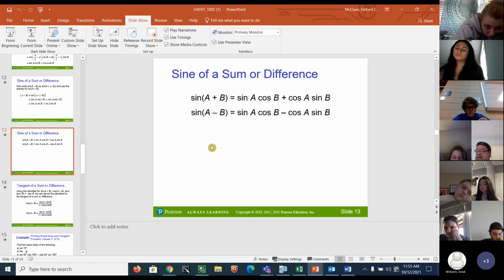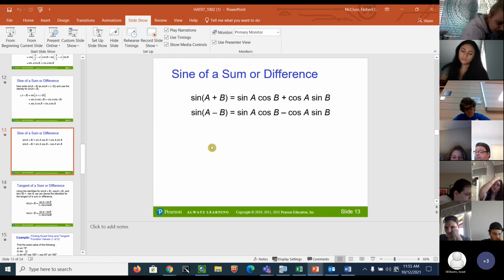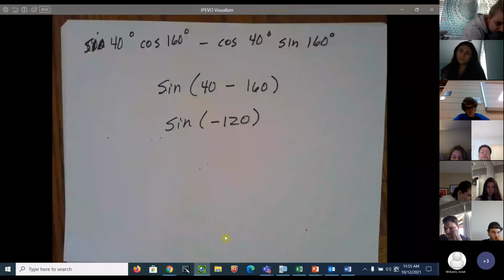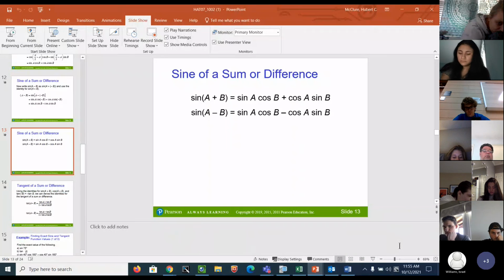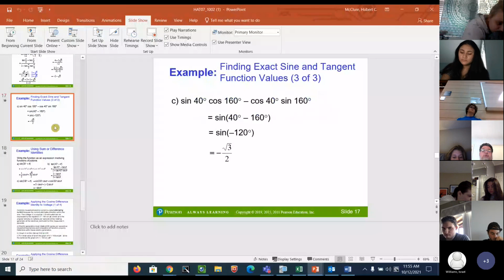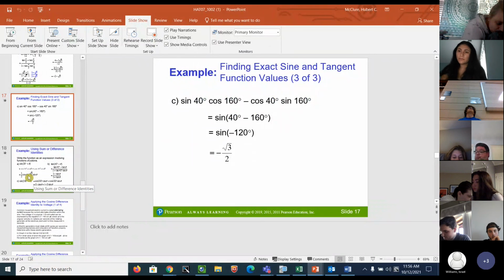So that's going to be sine of 40 minus 160. And of course, sine of negative 120 is negative square root of 3 over 2. Sorry. Square root of 3 over 2.